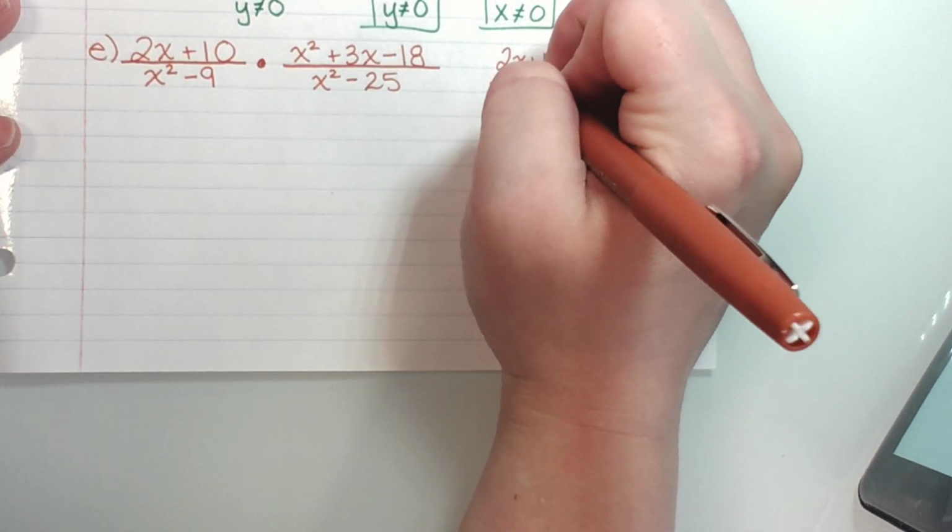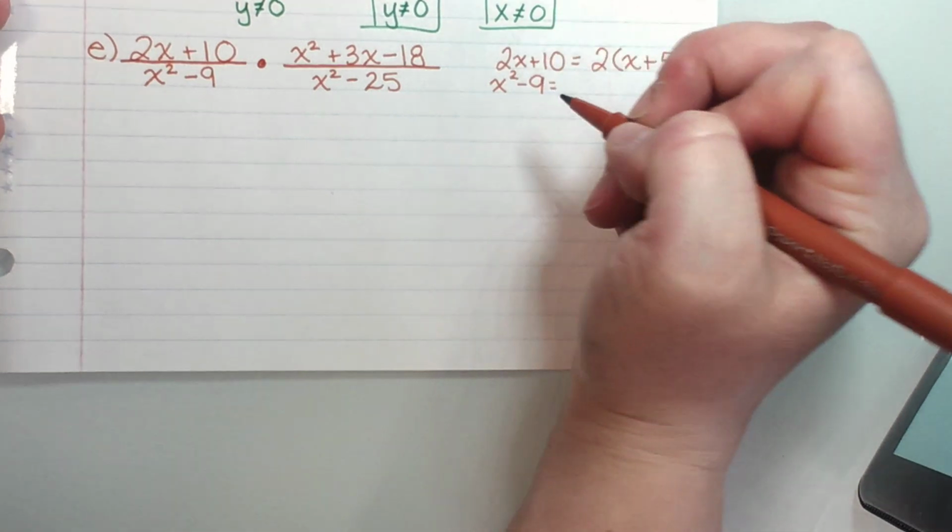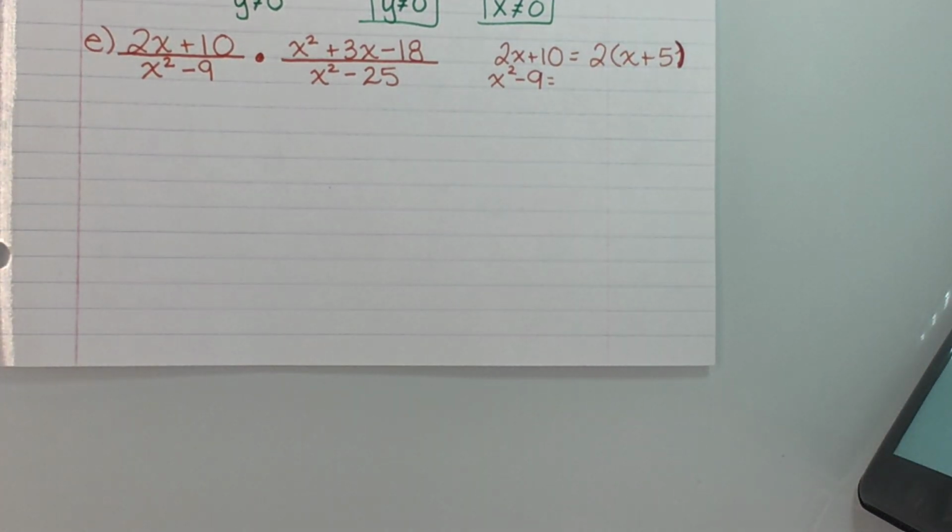Okay, I've also got an x squared minus 9. Can I factor that? What kind of factoring? What's the quickest way to factor that? The difference of squares. If you prefer the shortcut method for this one, it would work out just as well. Two things that multiply to negative 9 but add to 0. 3 and negative 3.